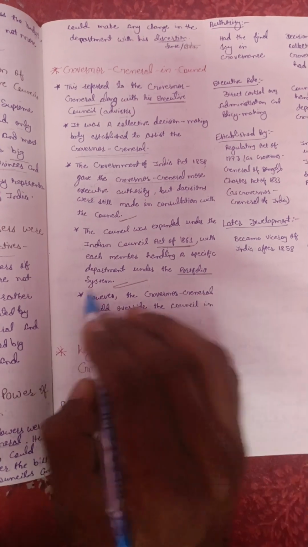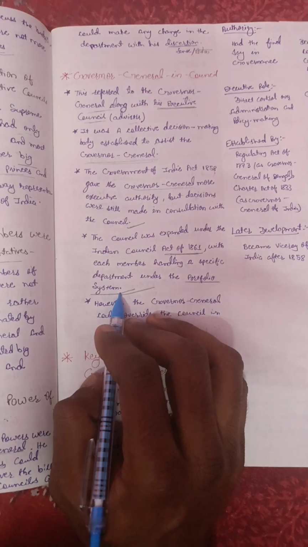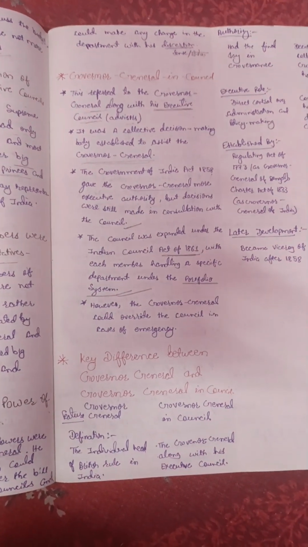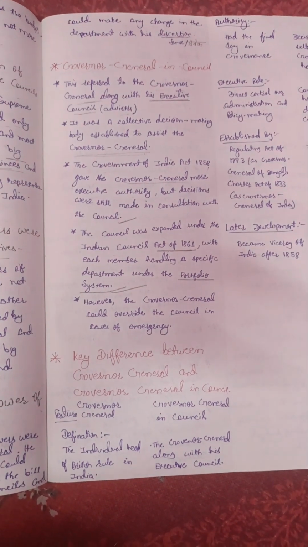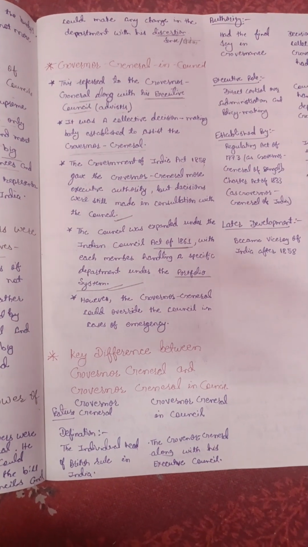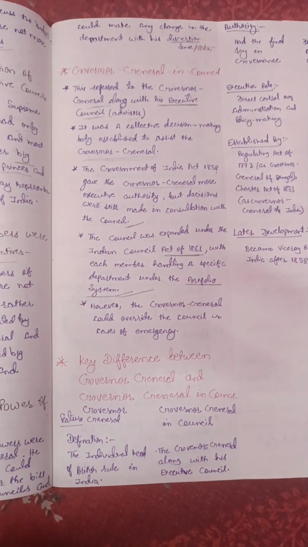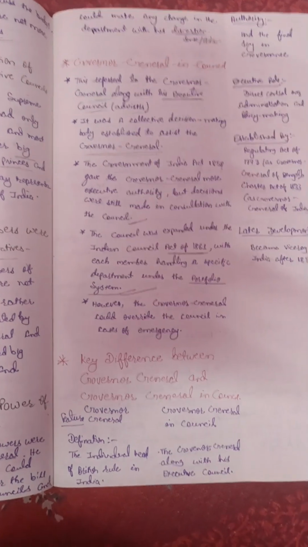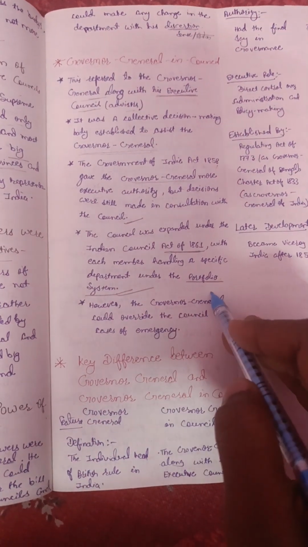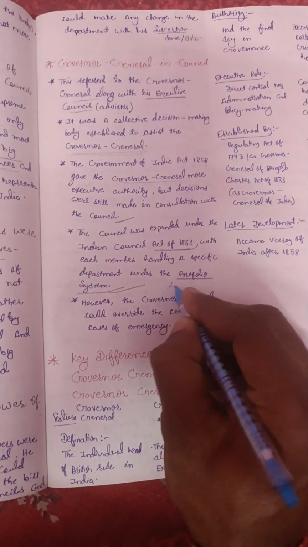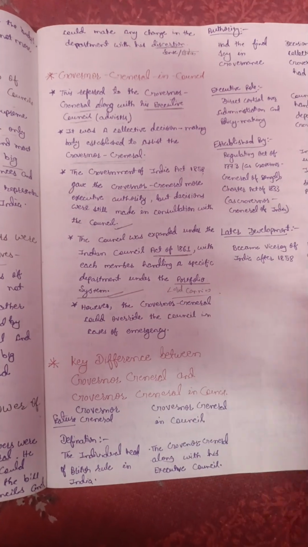The portfolio system was like distributing different tasks to each member of the legislative or executive council, like in present day we have education ministers, foreign ministers, road and transportation ministers. Similarly, at that time the portfolio system was developed, and it was created by Lord Canning. You should remember that; it will be helpful.